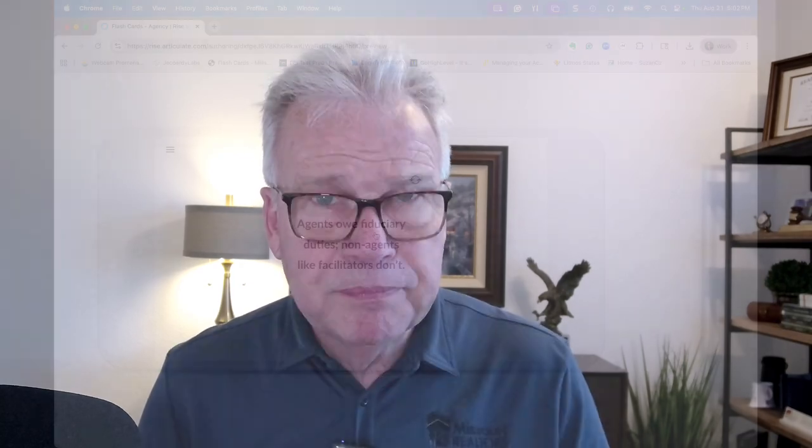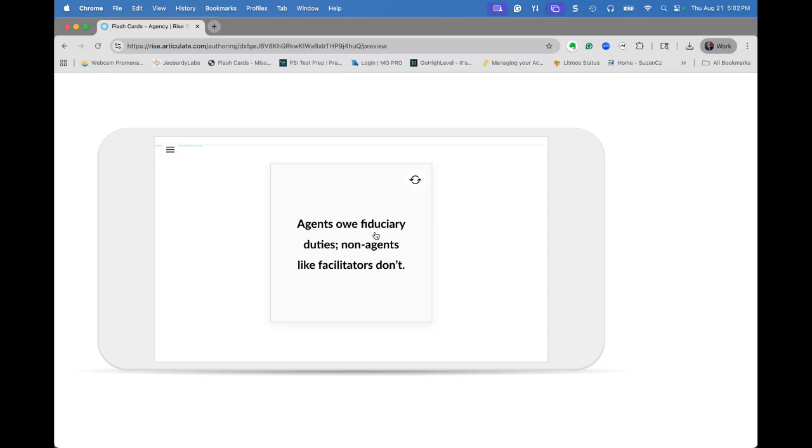Now, in Missouri and many other states, if you are a non-agent, we refer to that as a transactional broker. But understand, if you are going to be an agent, you have a written agreement to work on behalf of the client, and so you would be considered really more of a transactional broker or a facilitator.